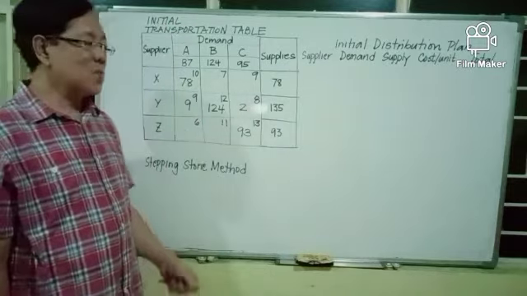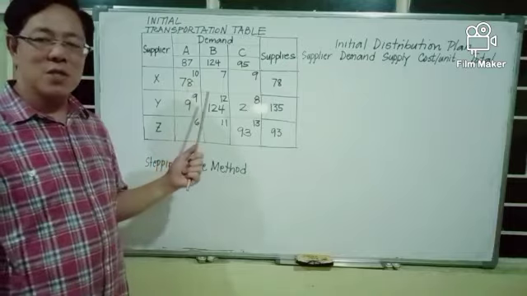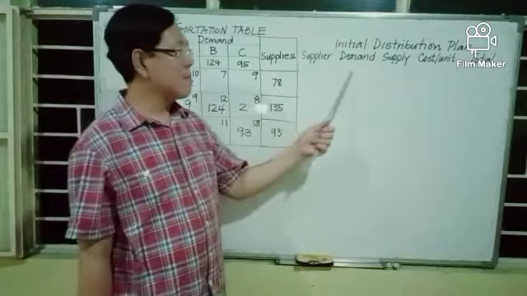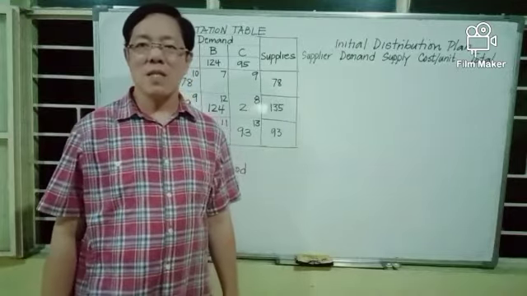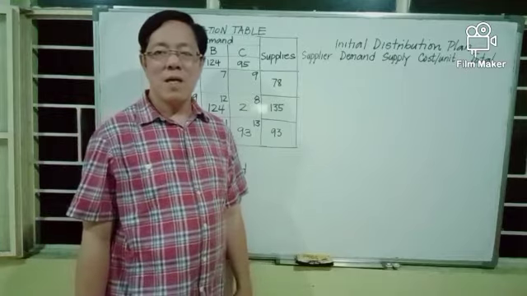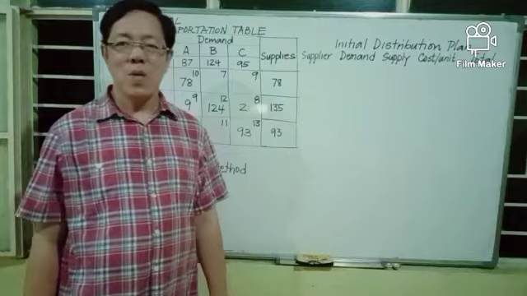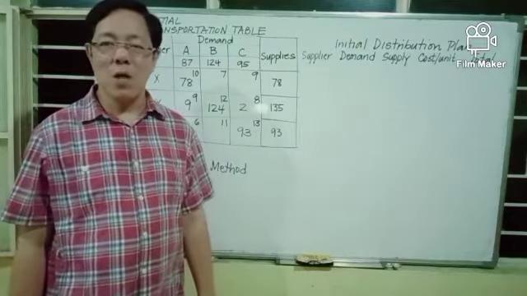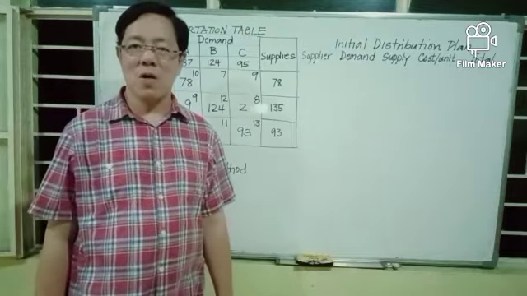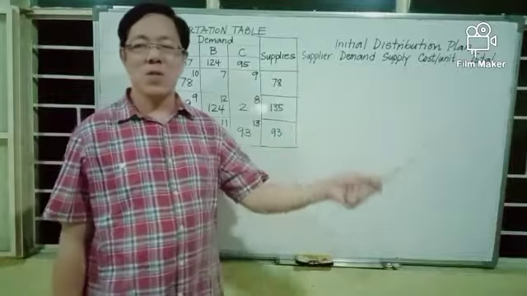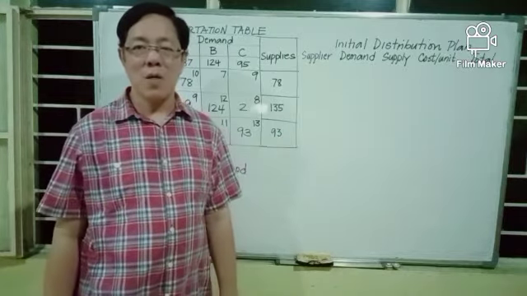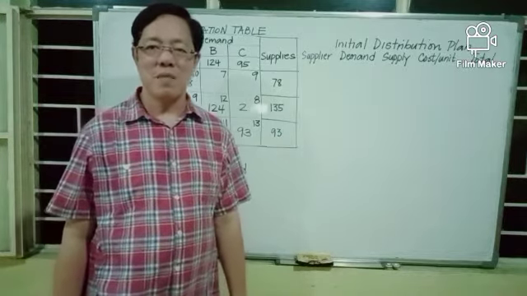In the transportation problem, for each transportation table, there is a corresponding distribution plan. And for the last transportation table that will give us the minimum or the lowest total transportation cost, we will call the distribution plan the optimal or the best distribution plan.